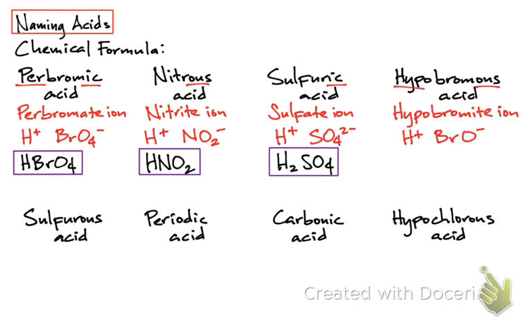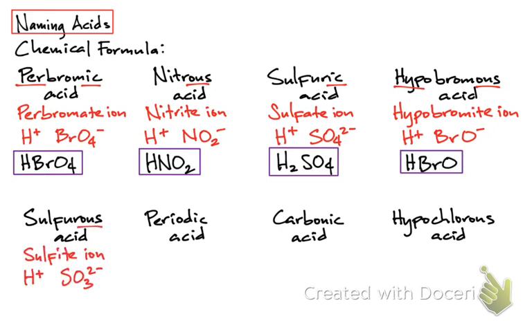So when you cross that with the hydrogen, it would be HBrO for the acid, hypobromous acid. All right, for sulfurous acid, again, it ends in OUS. So that must mean that the polyatomic ion has the suffix ITE. So here we have the sulfite ion, which is SO3 with a -2 charge. Cross it with the hydrogen, you get H2SO3 for sulfurous acid.